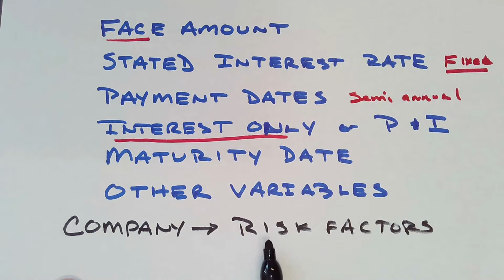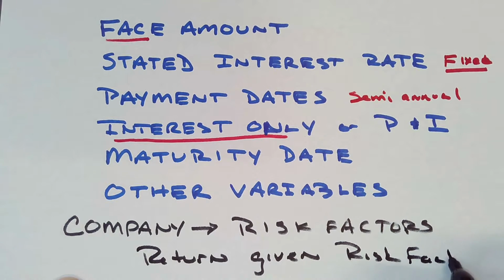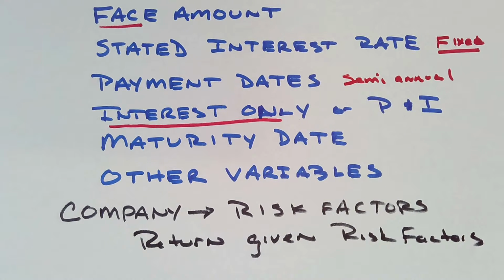What are the different risk factors? I got to figure out what should I get paid? What should be the return I get given the risk factors? And all investors are asking that question. What kind of return do I need given the amount of risk that I'm taking?